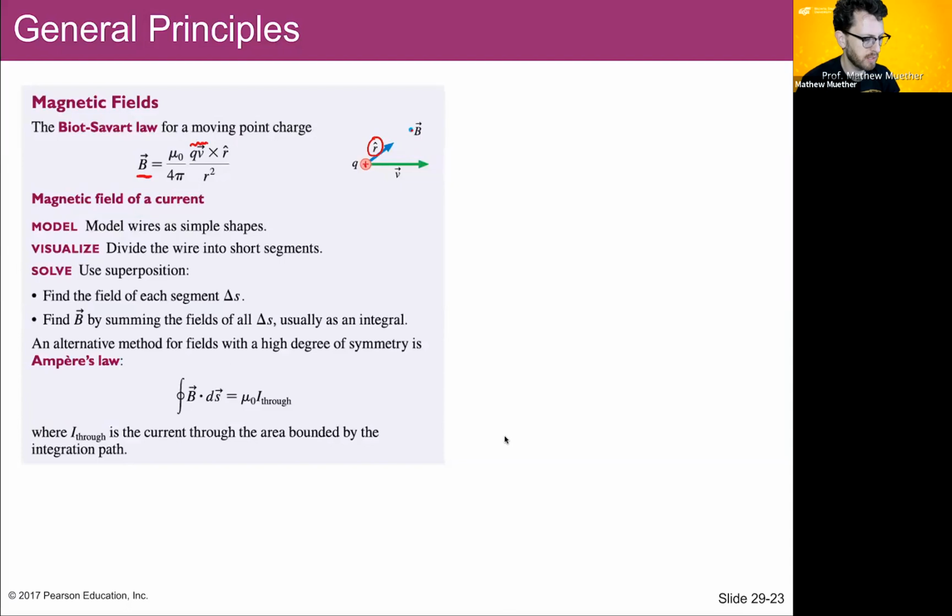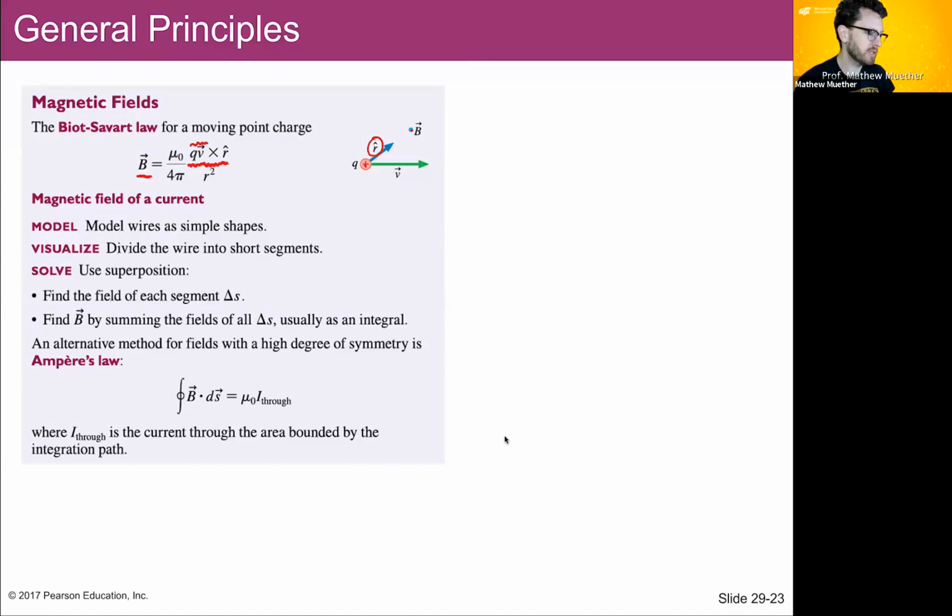We said we could find the direction of the magnetic field using our right-hand rule. We take our index finger and align it with the vector Q times V, take our middle finger and align it with the R hat vector, and our thumb will then point in the direction of B. That's the right-hand rule for the resulting vector you get generically when you use a cross product.